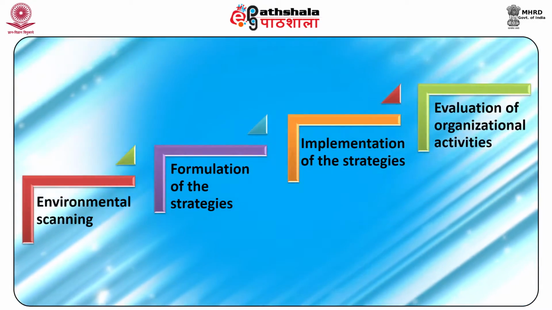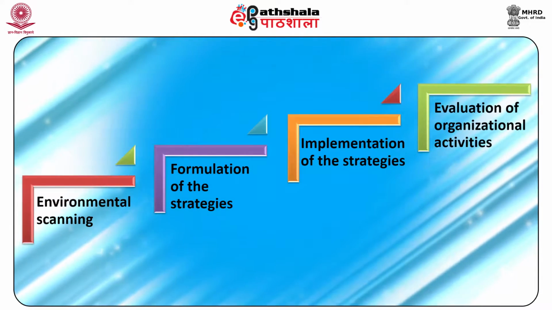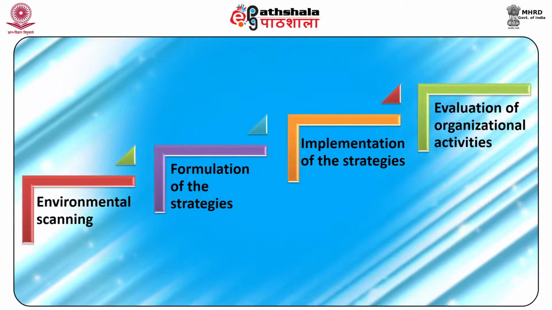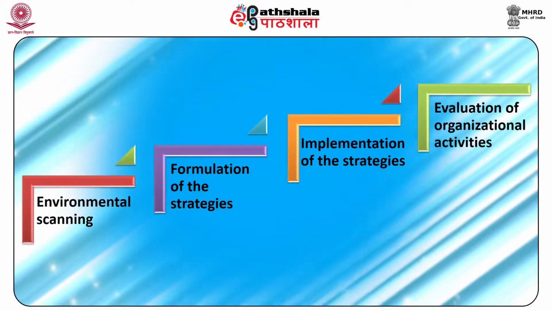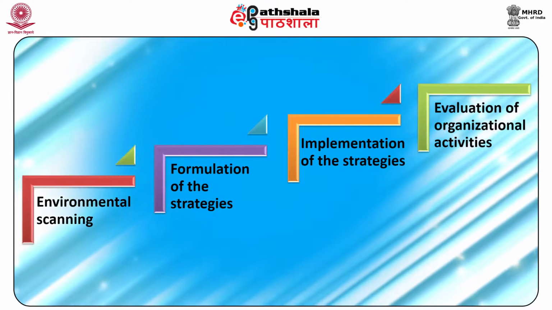Hence, the 4 steps summed up in the process of strategic management are: number 1, environmental scanning; number 2, formulation of the strategies; number 3, implementation of the strategies; and 4, lastly, evaluation of organizational activities. The first step is environmental scanning, which incorporates SWOT analysis.